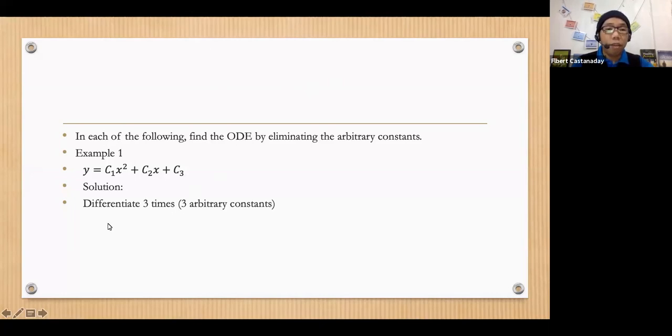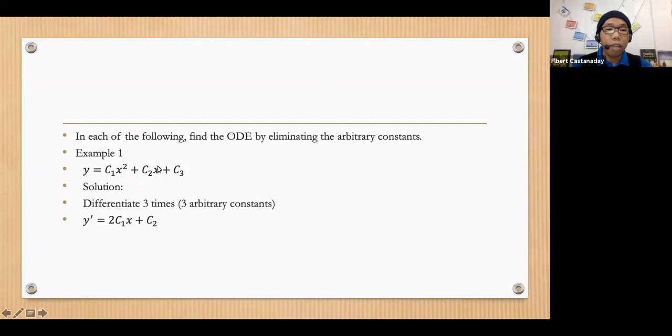Three times because of the three arbitrary constants that are present in the equation. So we have the first derivative of this given equation. Take note that y here is the unknown function and x is the independent variable. Now this is the first derivative of the given equation. So y becomes y prime. For this term, just copy c sub 1 and differentiate x squared, and that is 2x.